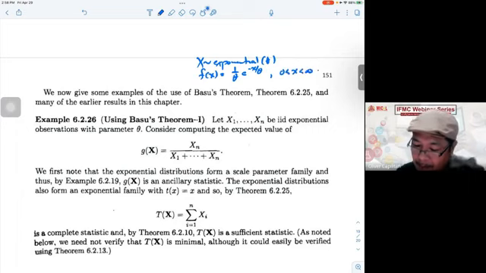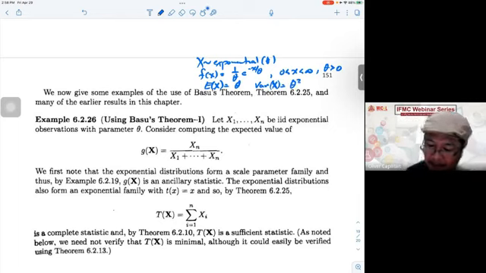Then we know that theta here is positive, greater than 0. We know that the mean of this would be equal to theta, and the variance of this would be equal to theta square.